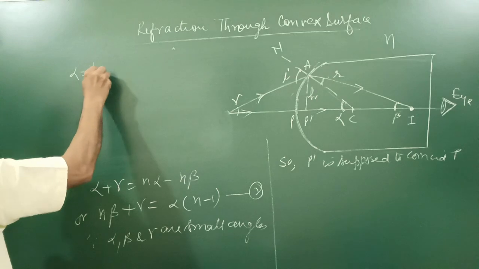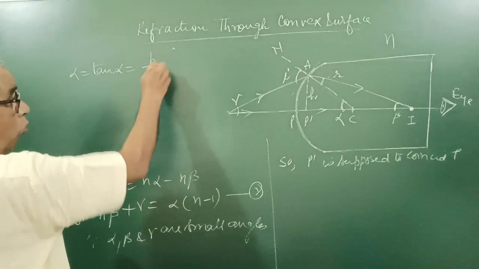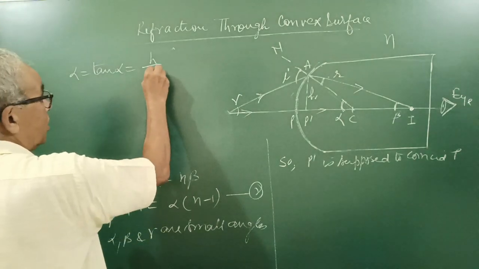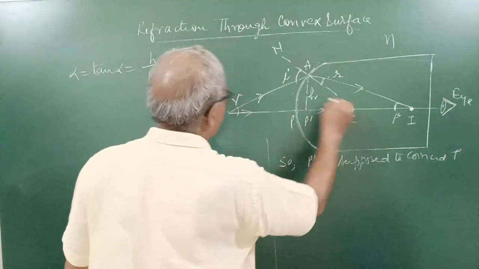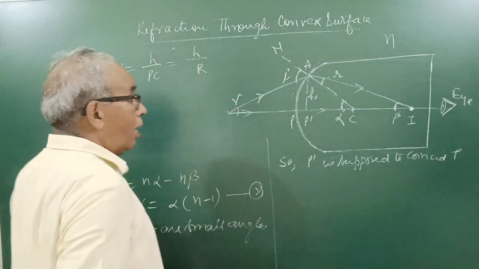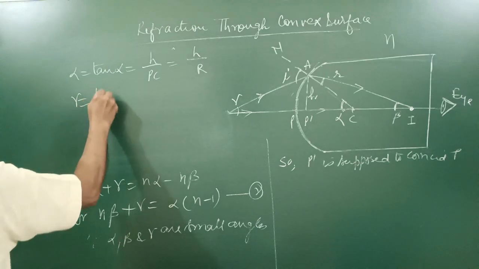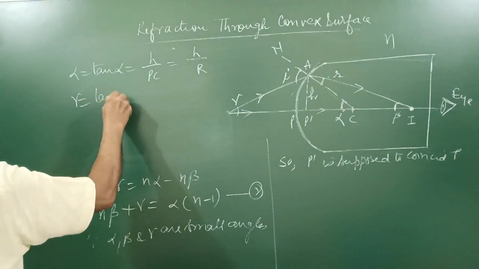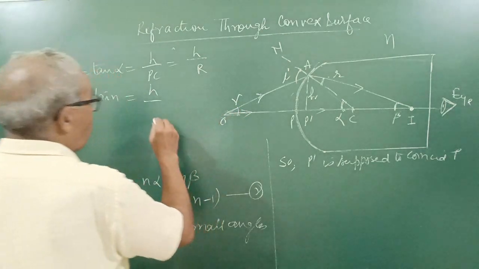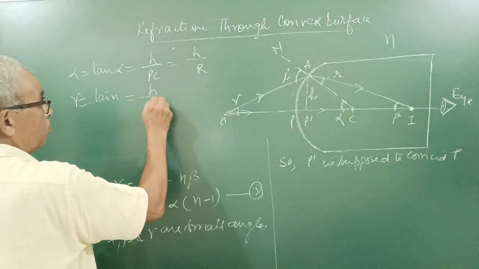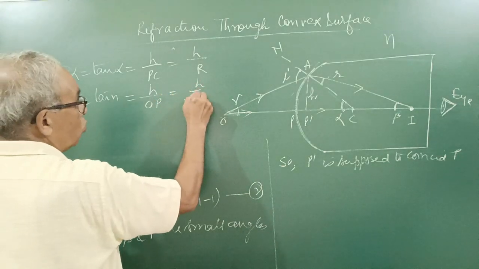tan alpha is equal to h upon PC, that is h upon r. Now r is positive. Tan gamma is h upon PO, which is h upon minus u.